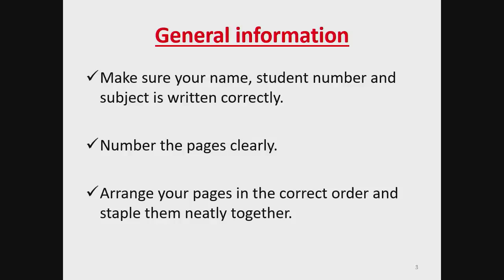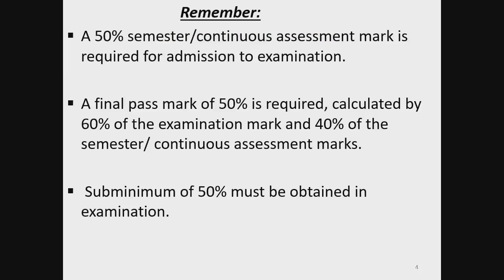Now I would like to go quickly through the general information. Make sure your name, student number, and subject is written correctly. Number the pages clearly. Arrange your pages in the correct order and staple them neatly together. Remember, a 50% semester continuous assessment mark is required for admission to examination.